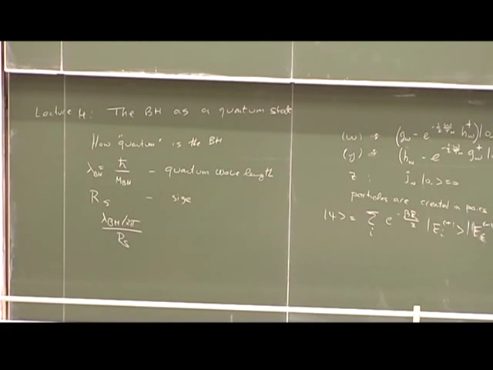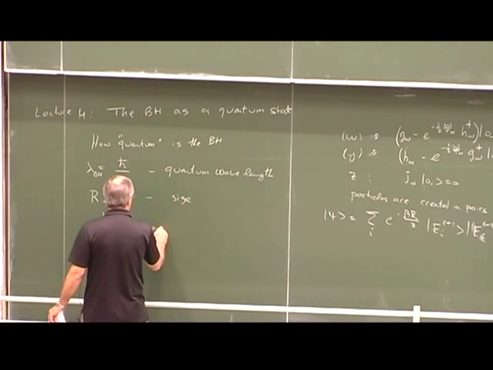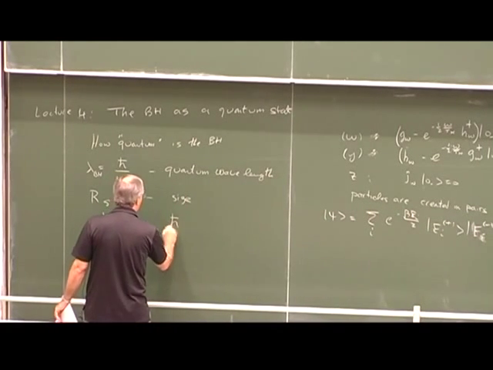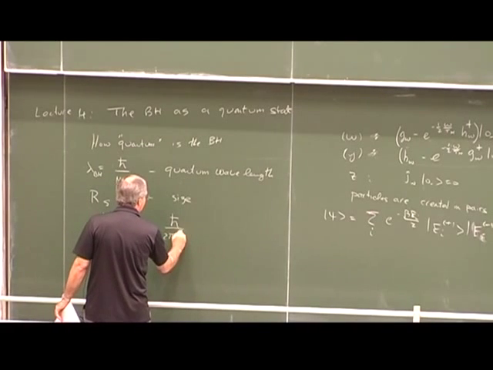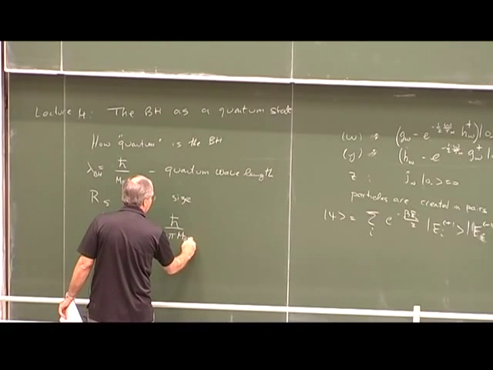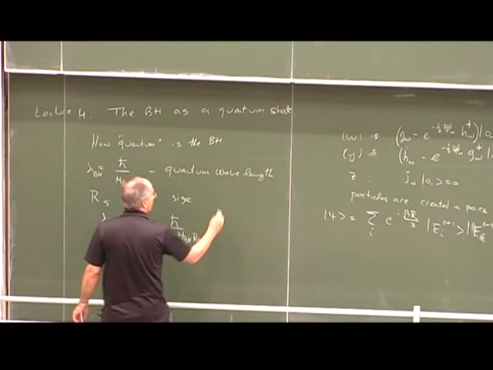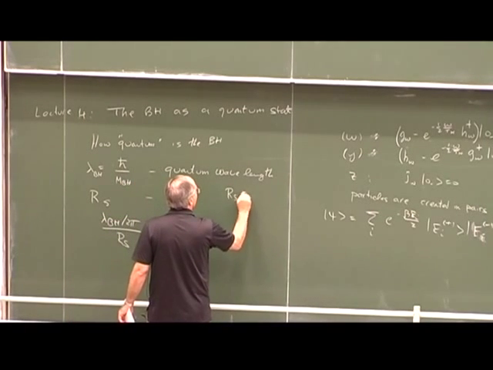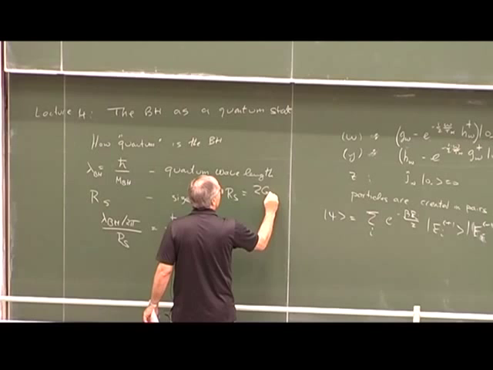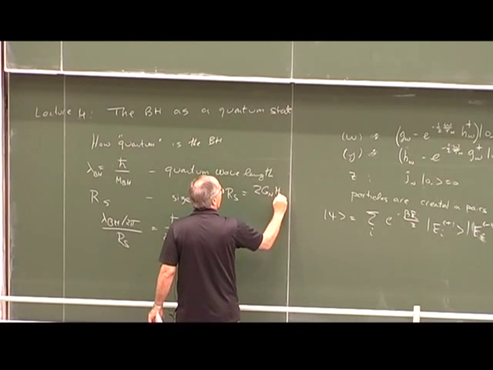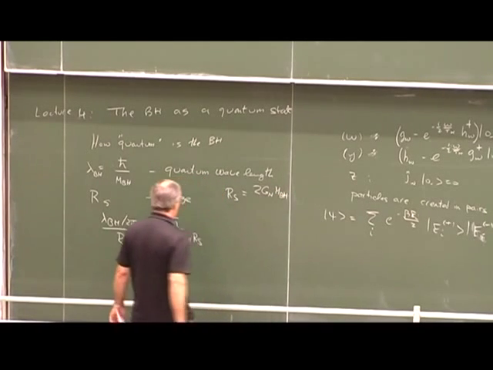Now, this is equal to h bar over 2 pi m_BH Rs. And you remember that Rs, the Schwarzschild radius, is 2 G Newton m black hole.